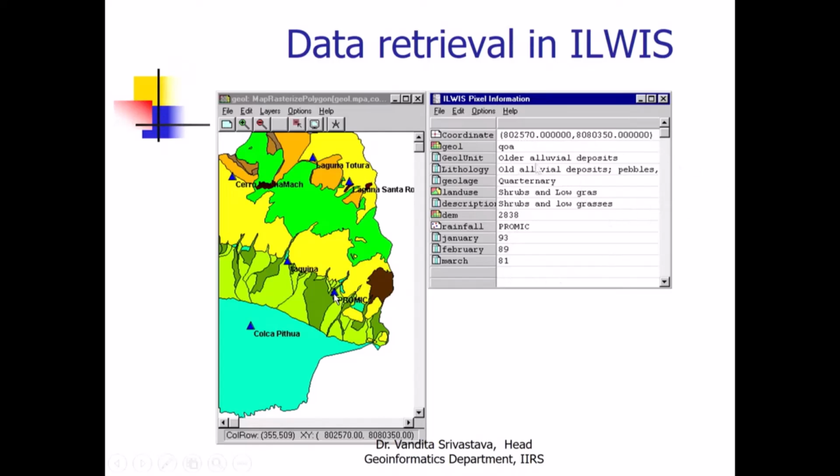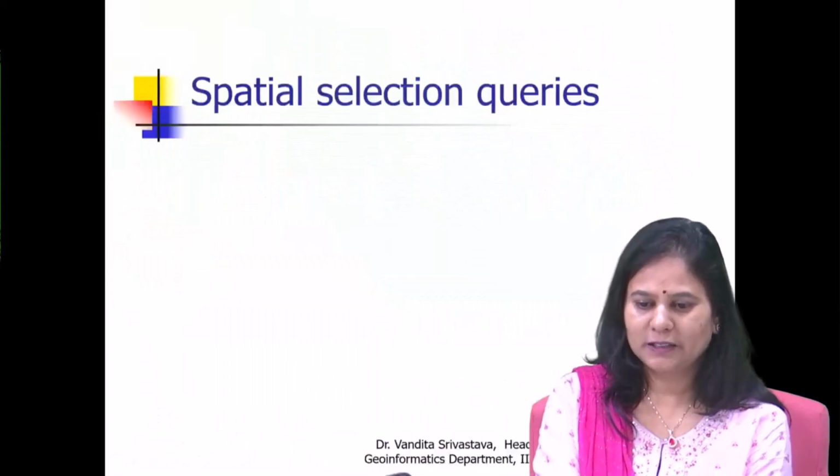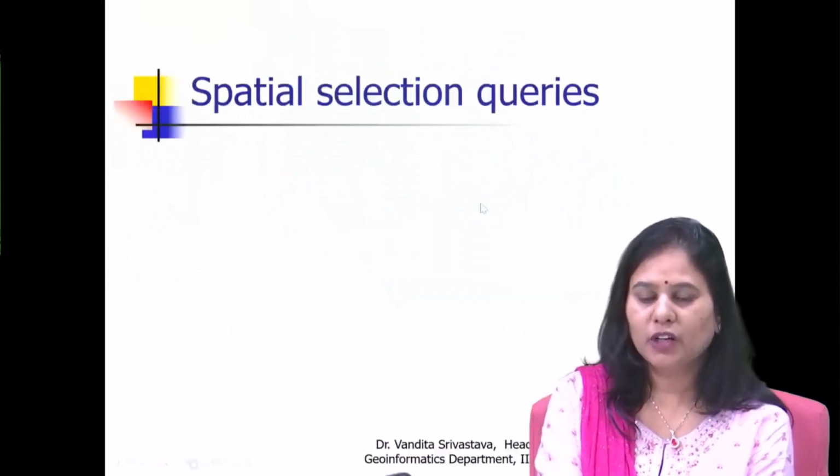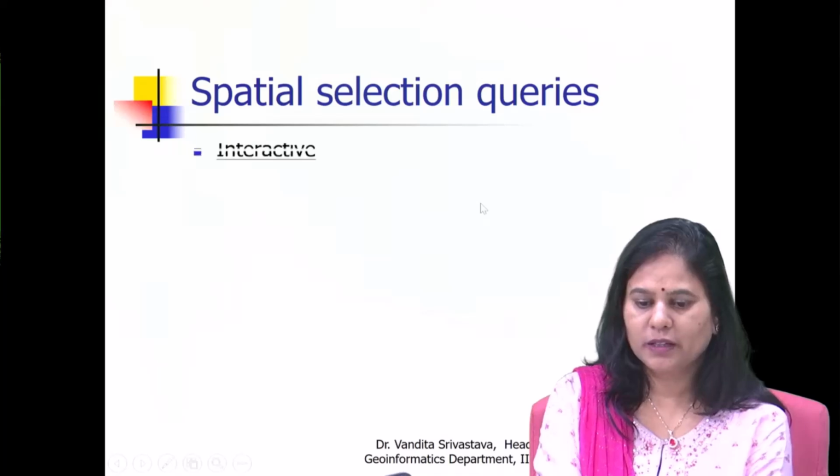It is dragged to this pixel information window. So just by moving your cursor here, by looking at only one map, you can see all the relevant information which is georeferenced, that is present in the data set. Okay, so this is a very useful tool for doing a quick reconnaissance, online reconnaissance survey kind of operation you can do here. And then I'll talk about the spatial selection queries.